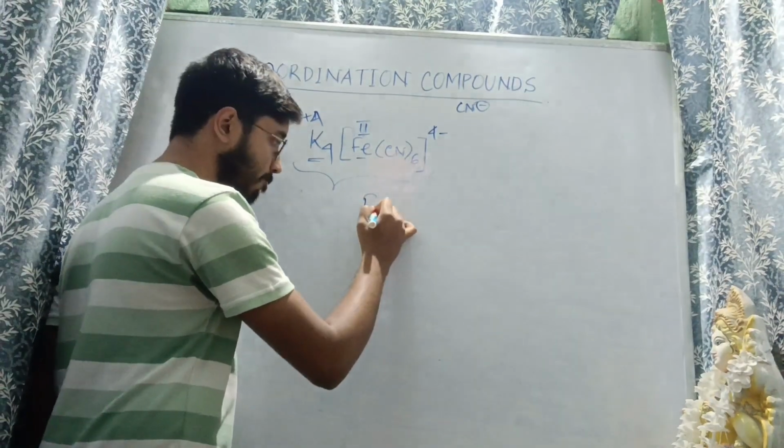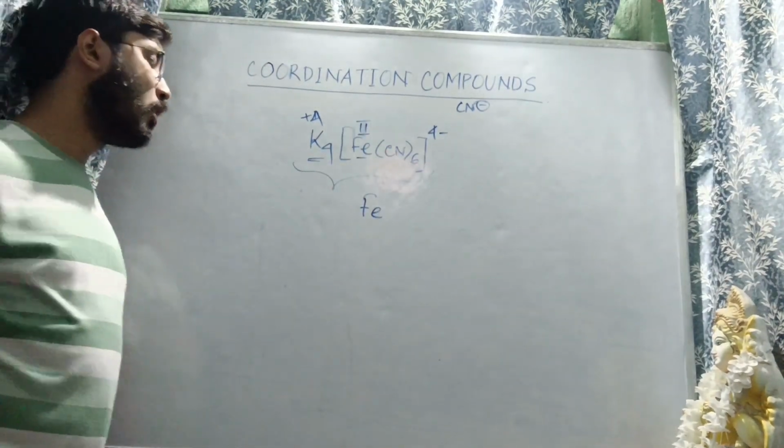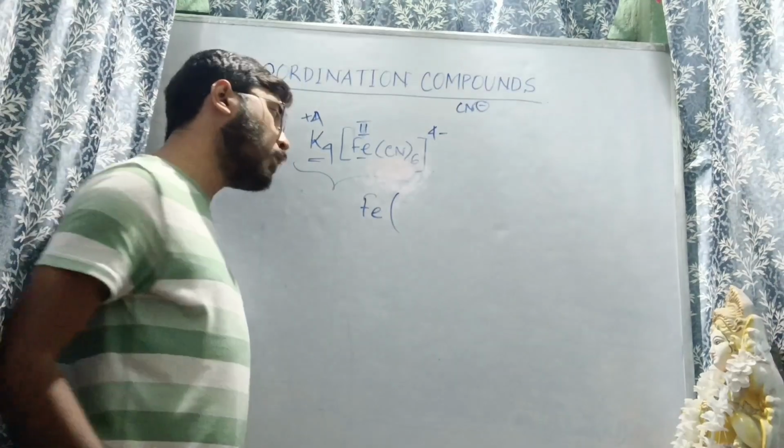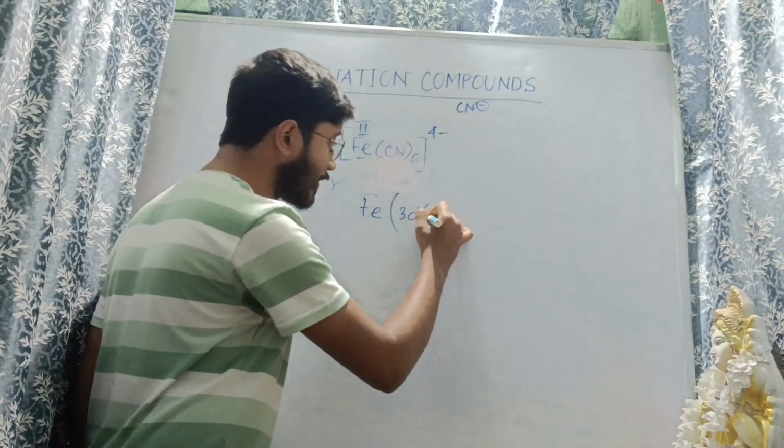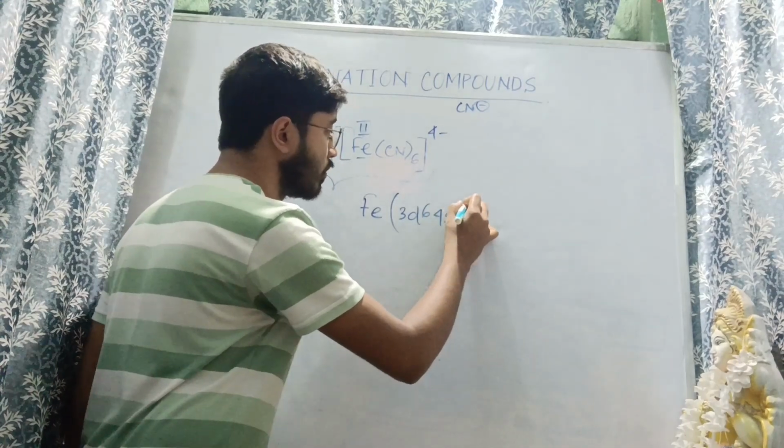So what is the electronic configuration of iron? What is the outermost electronic configuration of the iron? That is 3d6 4s2.